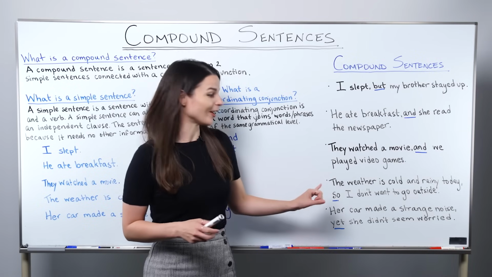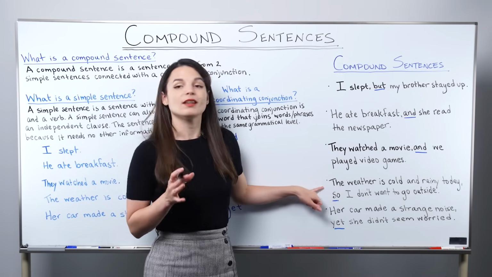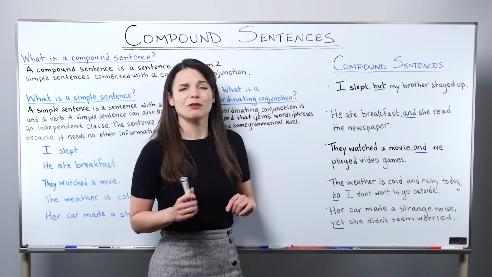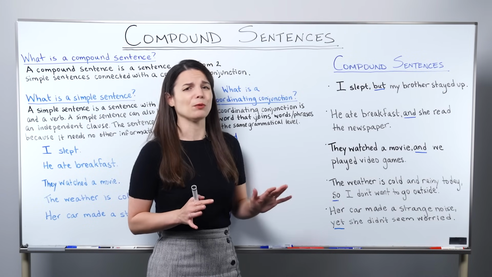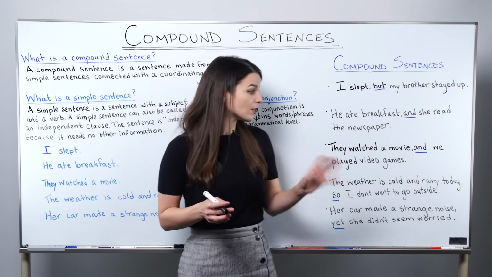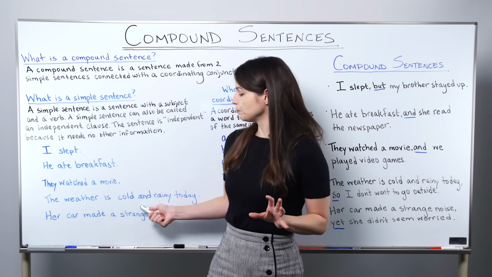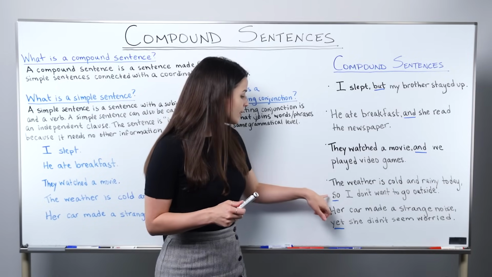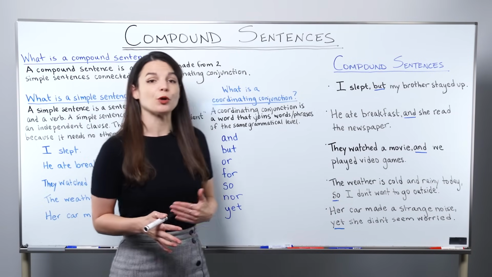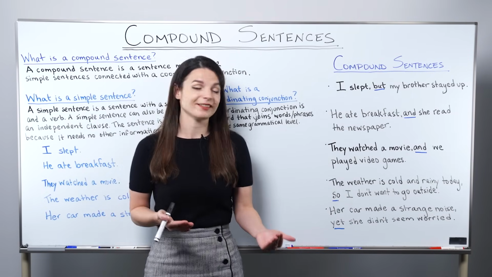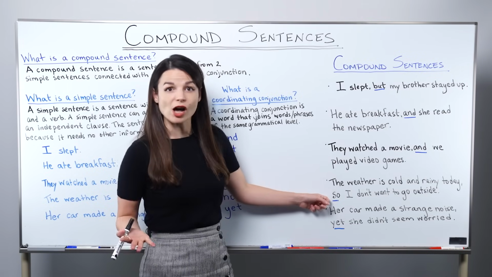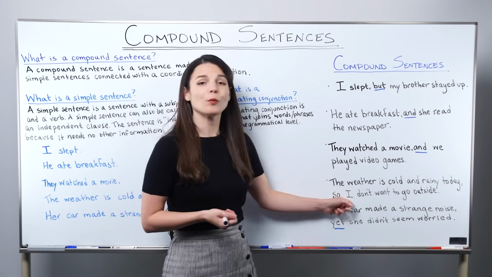This one's a little bit longer. The weather is cold and rainy today, so I don't want to go outside. Okay, so here we have the same example sentence: the weather is cold and rainy today. And the next part is this "so." I mentioned we use "so" to show cause and effect. In this case, the weather is cold and rainy today, that's the cause. The effect is, I don't want to go outside.